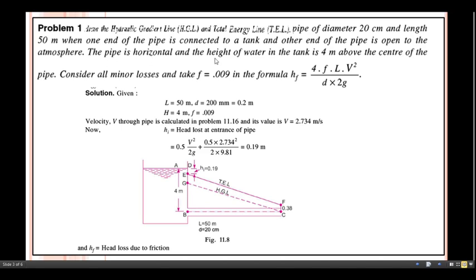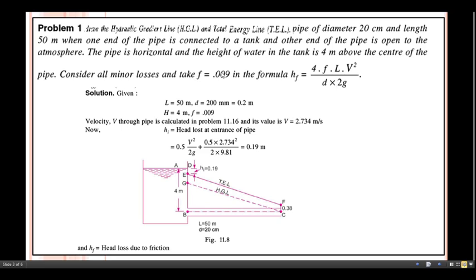The pipe is horizontal and the height of the water in the tank is 4 meter above the center of pipe. Consider all minor losses and take f equals 0.009 in the formula hf equals 4fLV square divided by D multiplied by twice g. So already this case is solved.